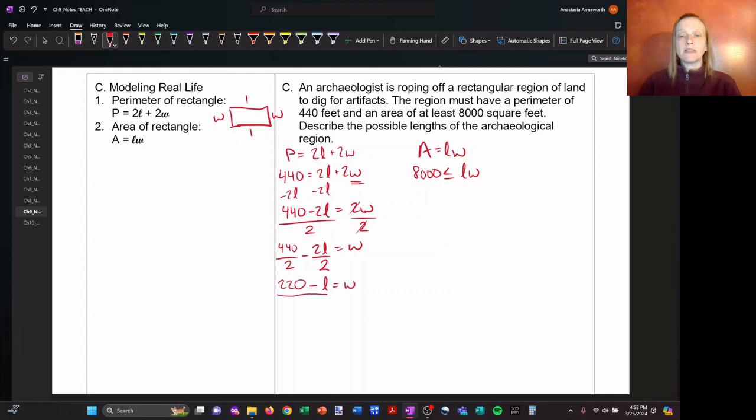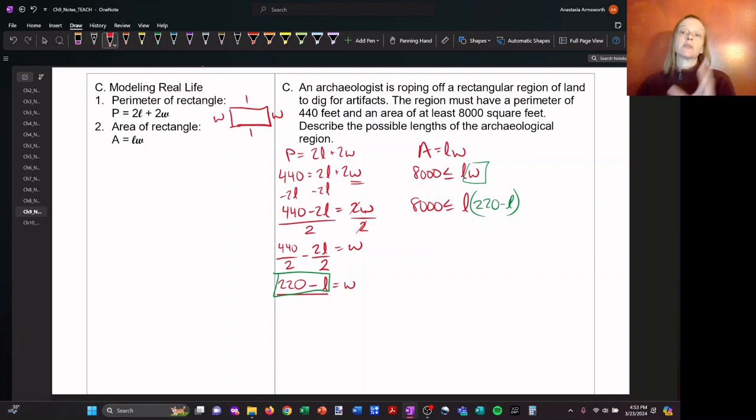So now I have this expression that gives me the width. And I can plug that in on the other side in my other equation or my other inequality. So over here, I'm going to take this value and plug it in for W and write 220 minus L in parentheses and keep the rest of my inequality as it was.